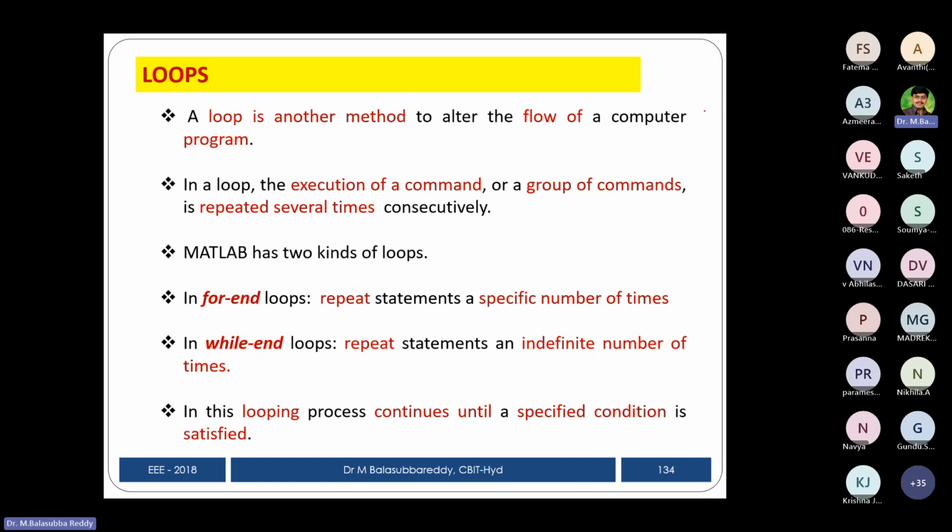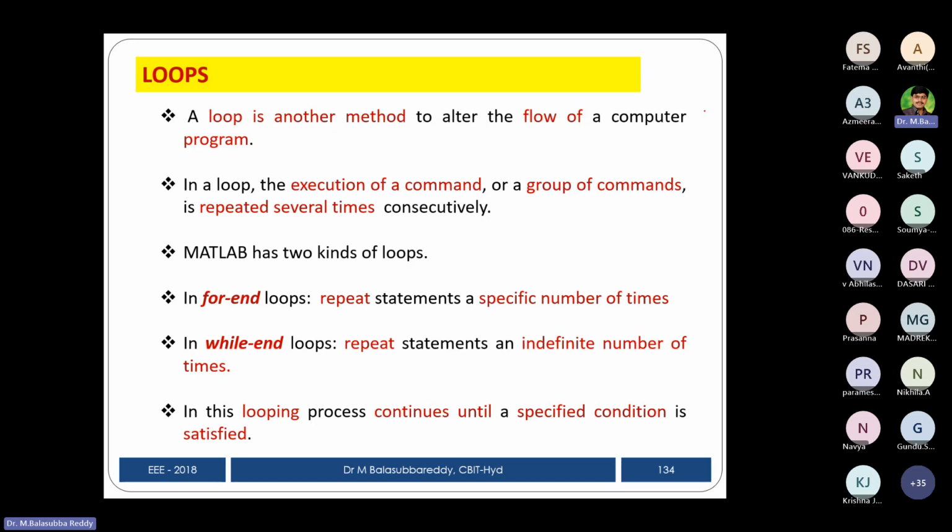You write while error is greater than 0.0001, and you do the calculation inside the program, and it will repeat continuously until the error value reaches that value. The loop will not stop until the error reaches that value.